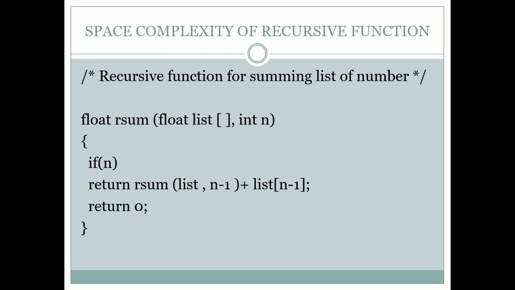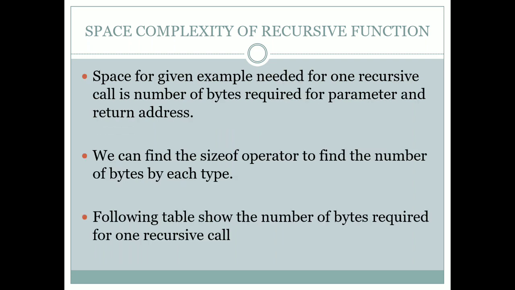And third, our return address, meaning if we are returning something, that return address will also be 4 bytes. So these 4 bytes three times make the total size 12 bytes. So this program will take 12 bytes for storing values. So this is the space complexity for different things.